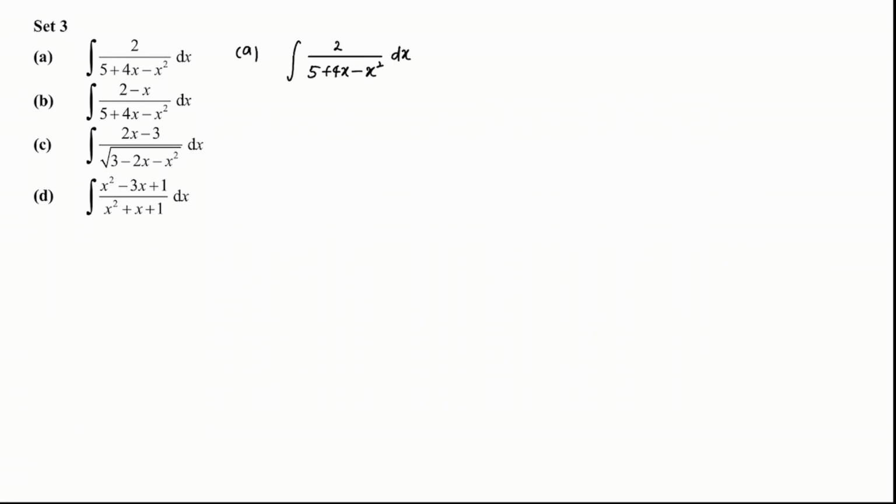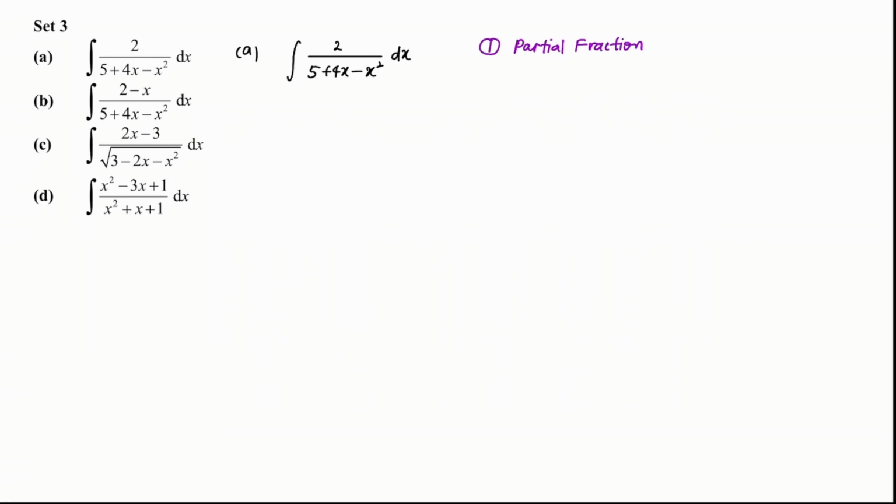When we have a quadratic as the denominator, I will try to do two different things. The standard technique number one is to factorize the denominator and do partial fraction.